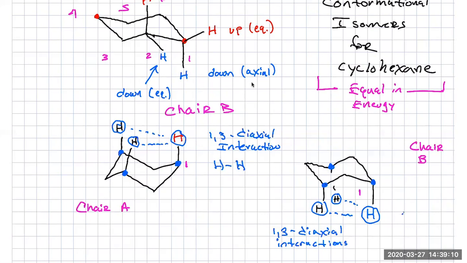Over here, they're also between hydrogen and hydrogen. So both chair conformations have exactly the same 1-3 diaxial interactions, and so they're going to have equal energies in that sense.